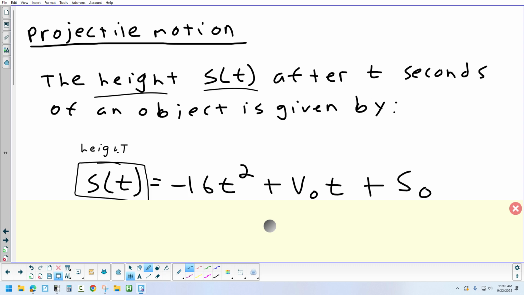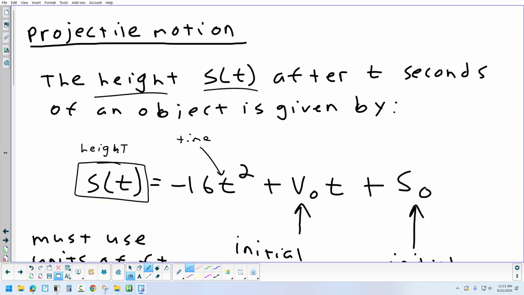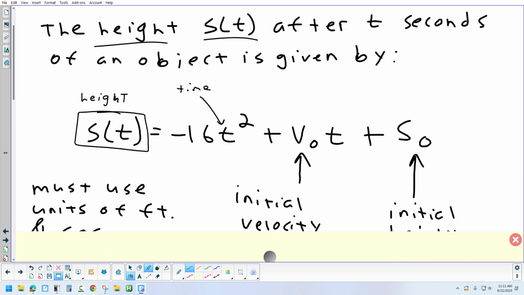Now the height that an object is going to reach depends on a couple things. What do you think the T stands for? Time. That's time. It's in seconds. So when I throw something up and then catch it, how high it goes depends on what time you look at it. Are you looking at it a tenth of a second later? 1 second later? How much later? The other two things that are going to affect how high the object goes: what was the speed I threw it at?